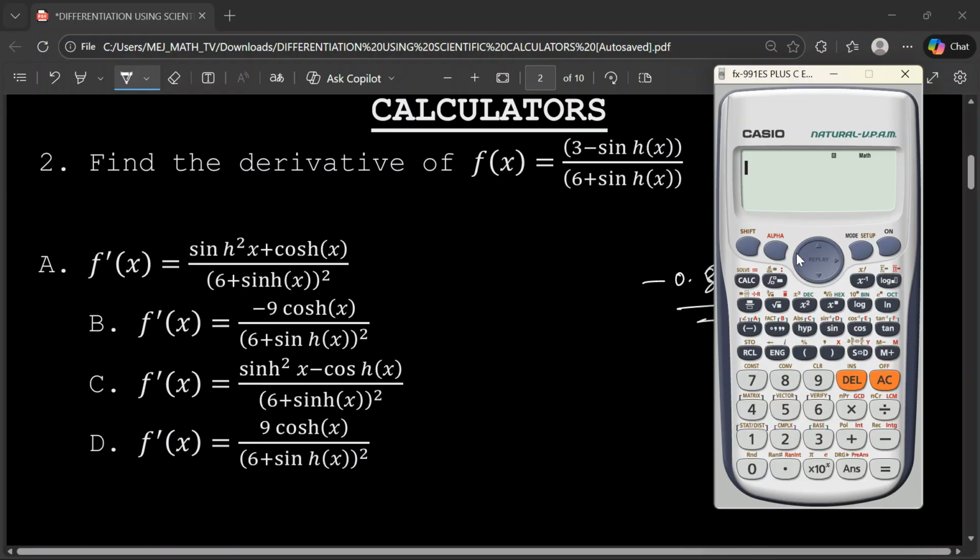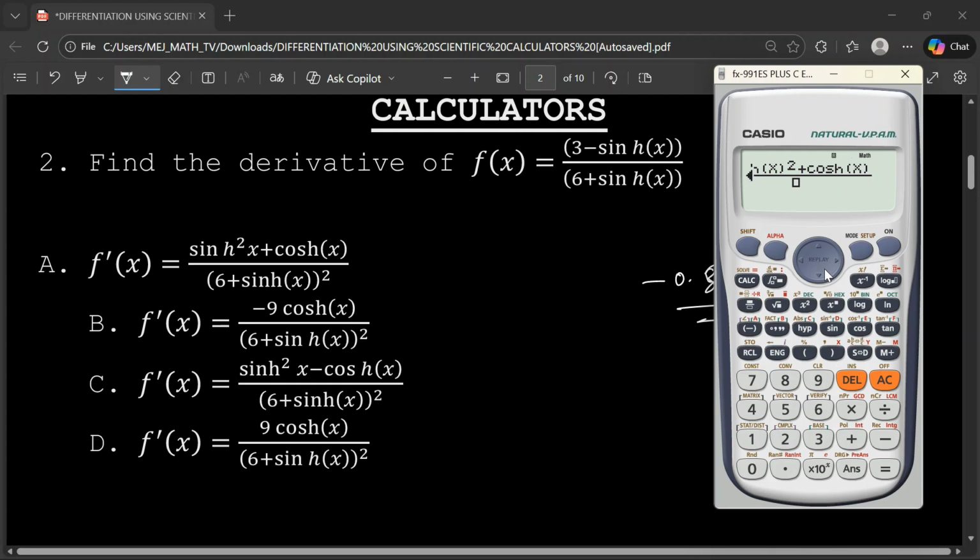So we are going to have the first option to be evaluated as hyper alpha x squared because of d square. Then we are going to have plus hyper, the cosh is the second option, of alpha x.